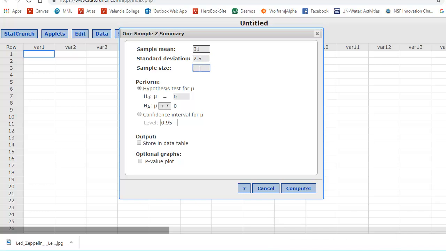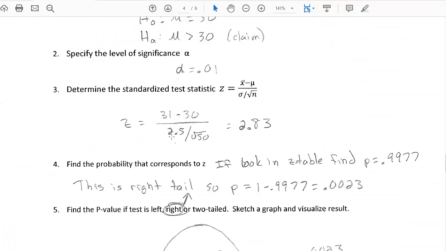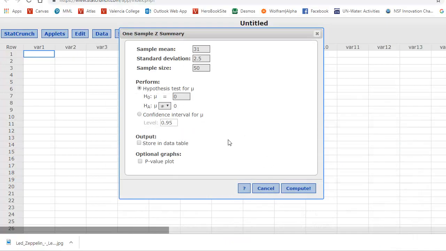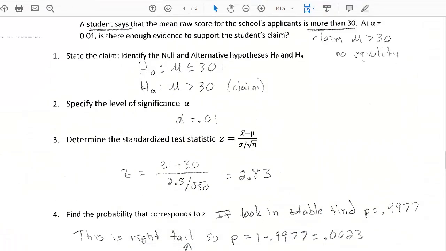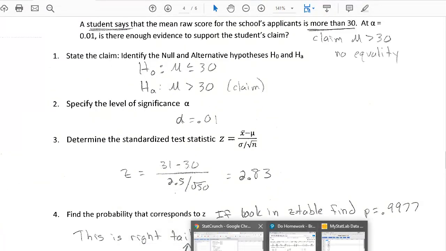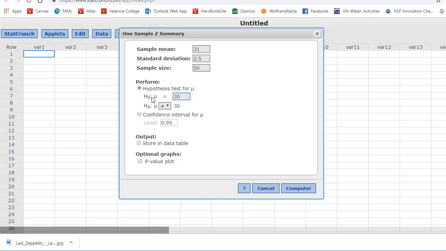Let me make sure that was 2.5. Yes, 2.5, and our n was 50. Our null hypothesis was equal to 30, so I plug that in. Then I'm doing a hypothesis with the alternative being greater than, which tells it to do a right-tail test.